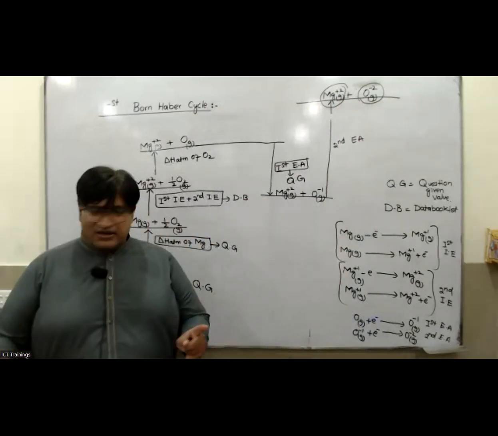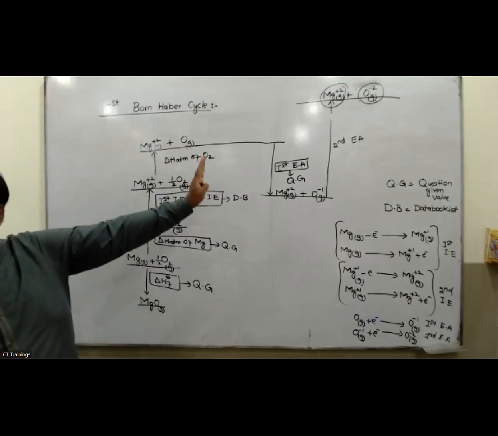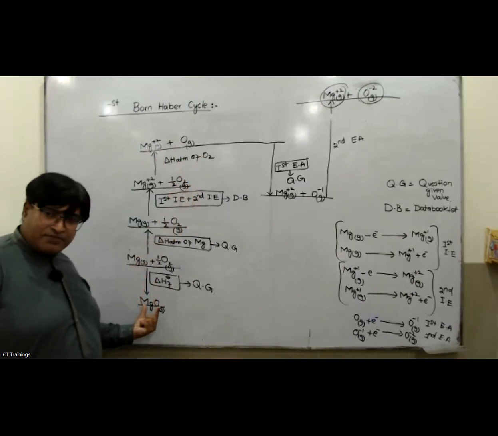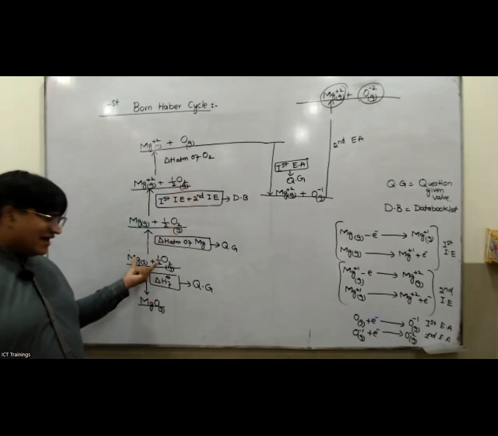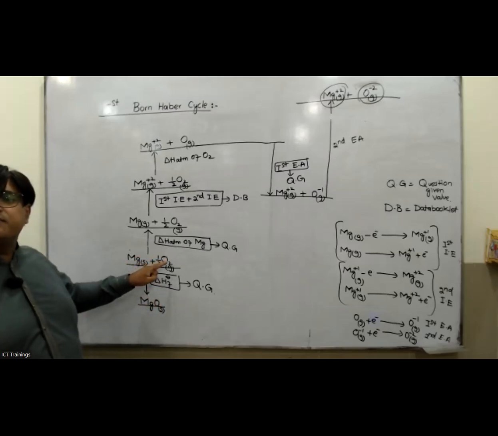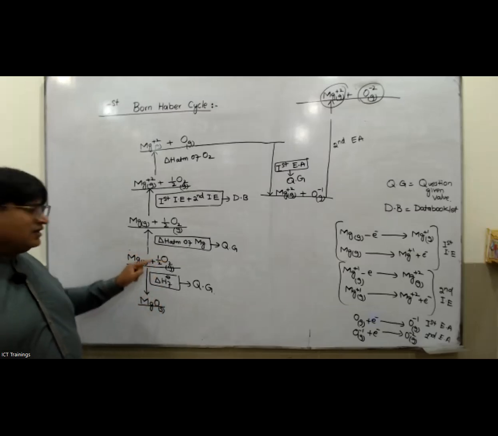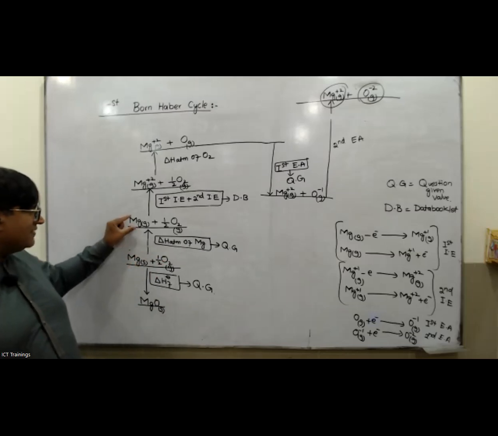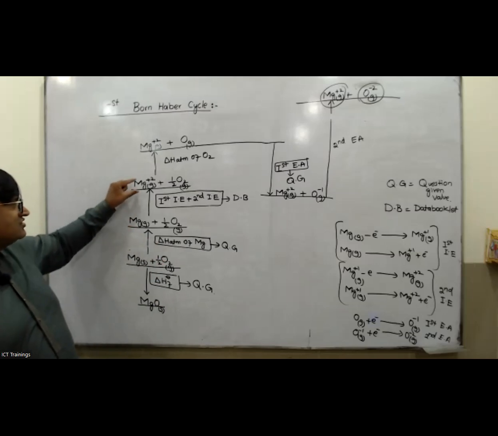Again, listen, my dear. It looks very complex, but it's not. The compound is formed from its elements. Now both elements change into gaseous ions. First we take one element, magnesium: its atomization, then its first and second ionization energy.